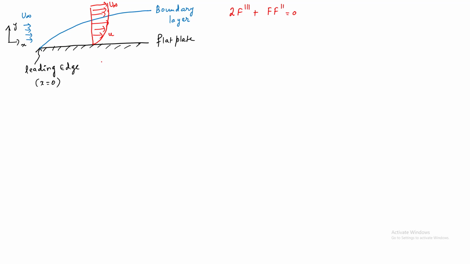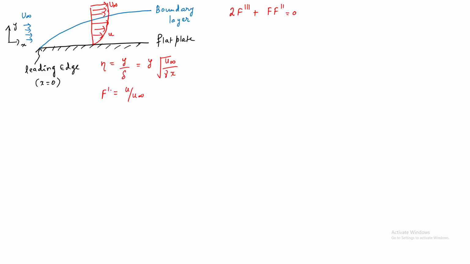We take eta equal to y by delta, where delta is taken as the square root of nu x by u infinity, and f dash is taken as u by u infinity.